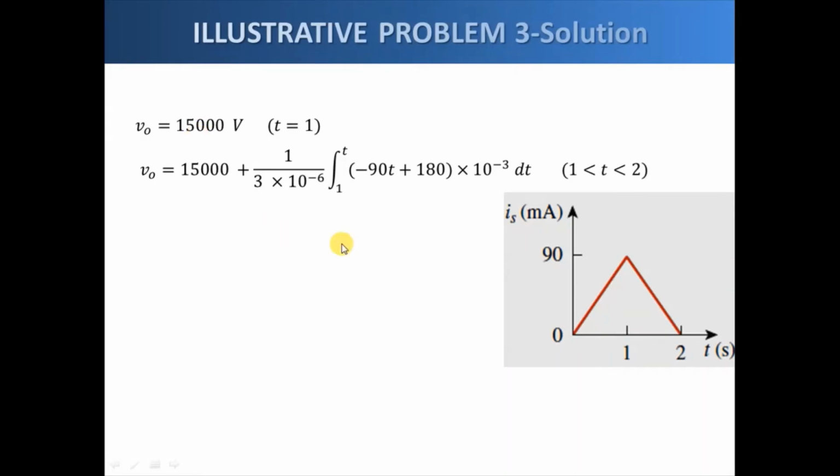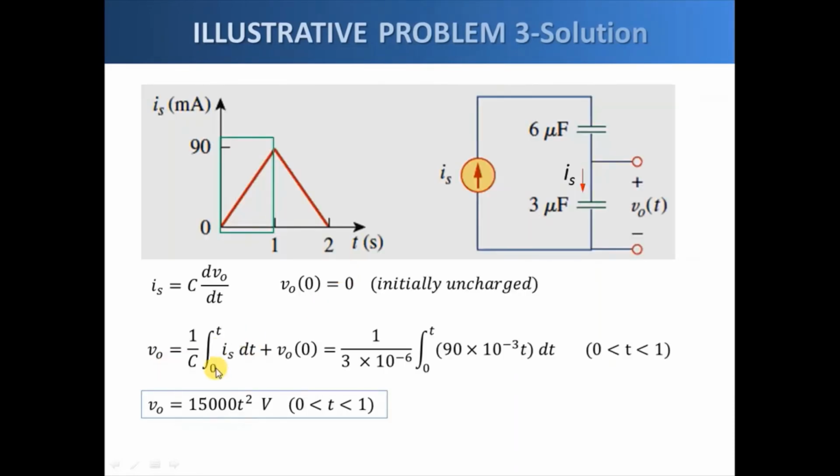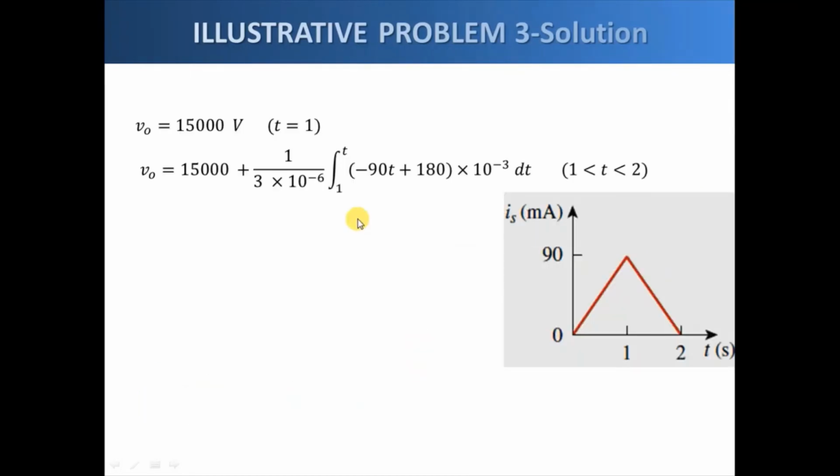Now to get the voltage across the 3 microfarad capacitor between 1 and 2 seconds, again we use this formula. But this time we now have an initial voltage, which is the voltage at exactly 1 second. So we have an initial voltage of 15,000 volts, so it is not zero, plus the accumulated charge between 1 and 2 seconds.